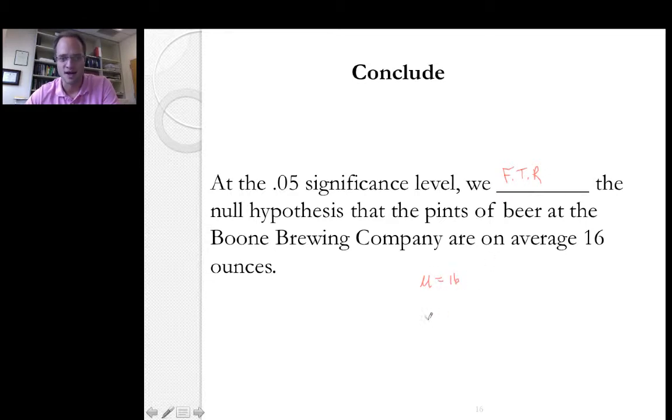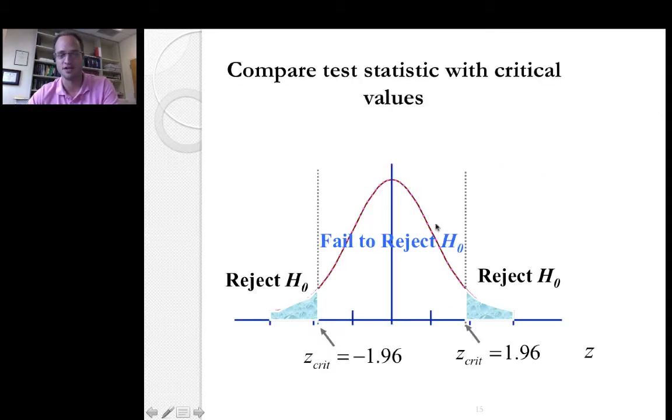All right, even though X bar was 15.88, we're attributing that difference to sampling error, allowing that it's due to chance, due to the fact that we're taking a sample from the population. If this was farther than 1.96 standard deviations outside of that 16, then we would say we're rejecting this. We're not going to attribute it to chance.